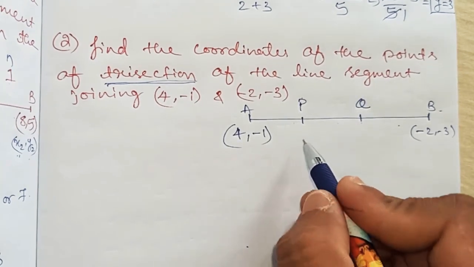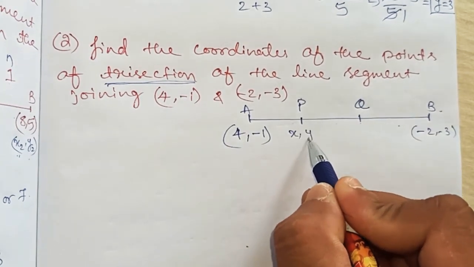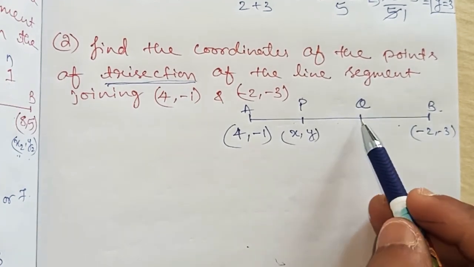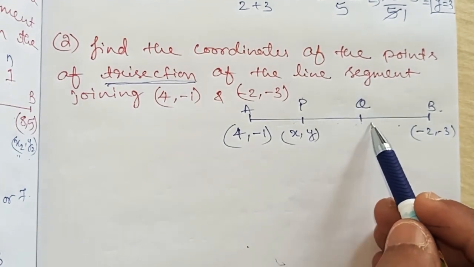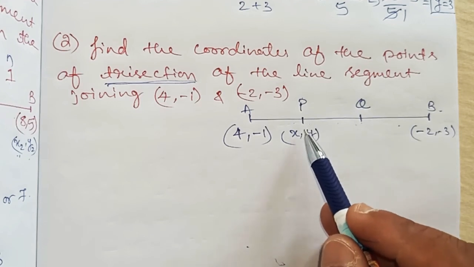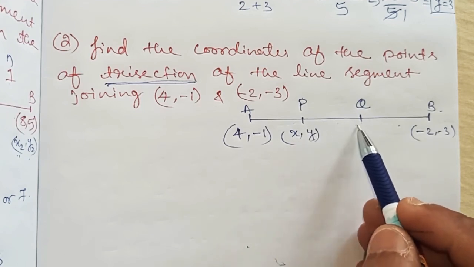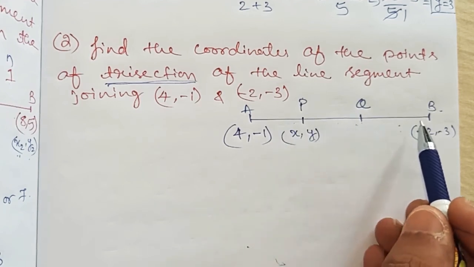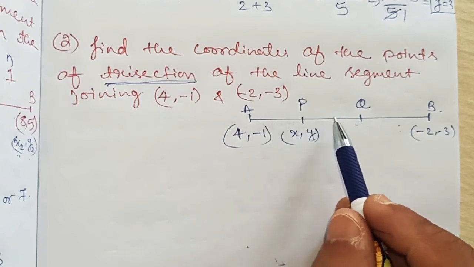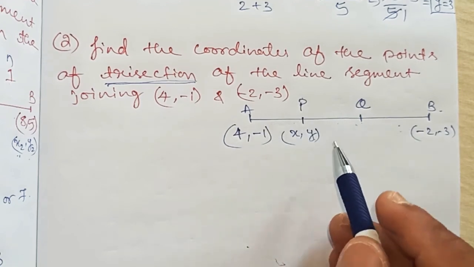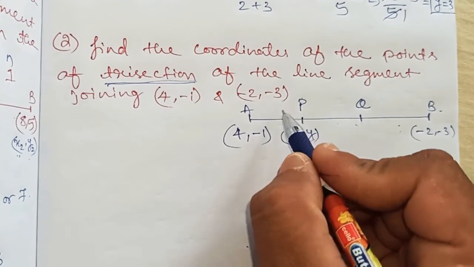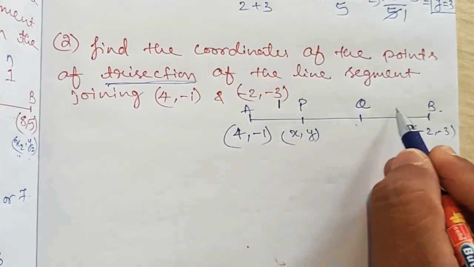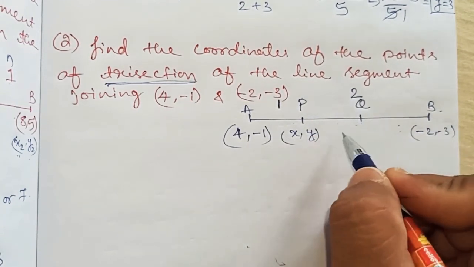What is the coordinate of P? P we will take it as x comma y. I am not going to ask you anything about Q now. First of all we will find out the values of P, then we will go for Q. As I said, this line has been divided equally into 3 parts. So suppose I will take it as one part, so these 2 will become 2 parts.